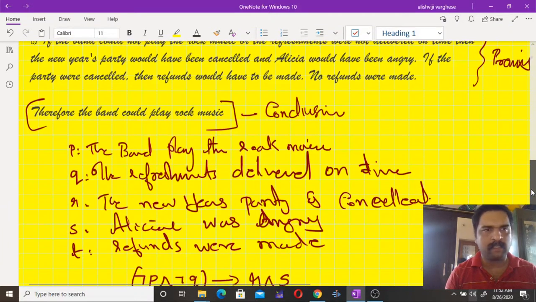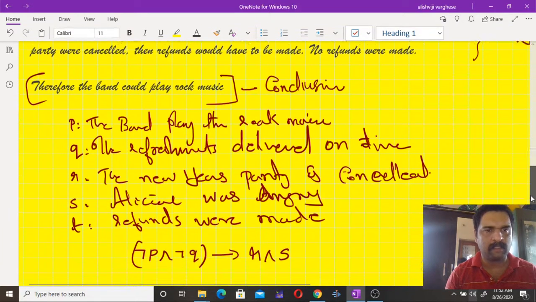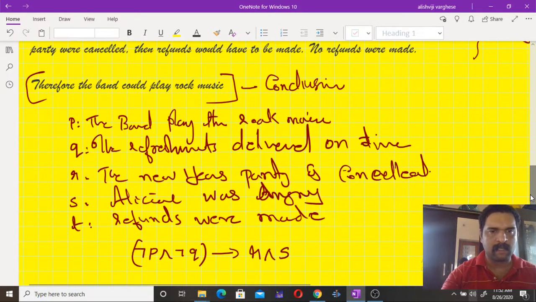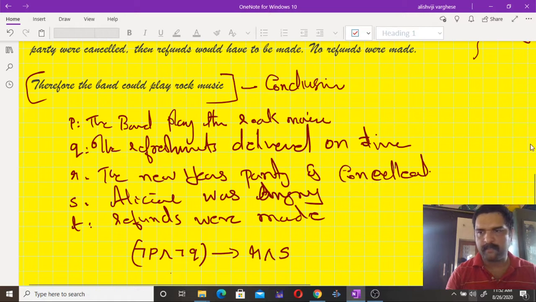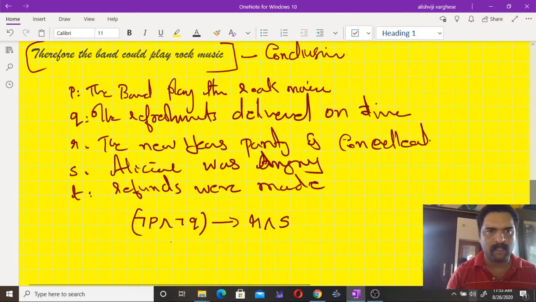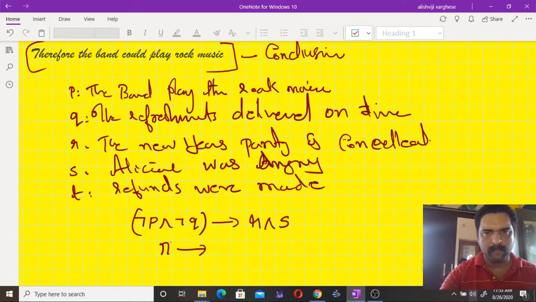Then the second statement: if the party were cancelled, that is R, then refunds would have to be made. So if R happened, then refunds would have been made. So R implies T. Now, anything else?